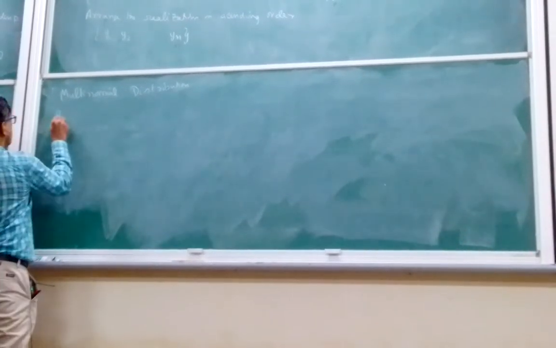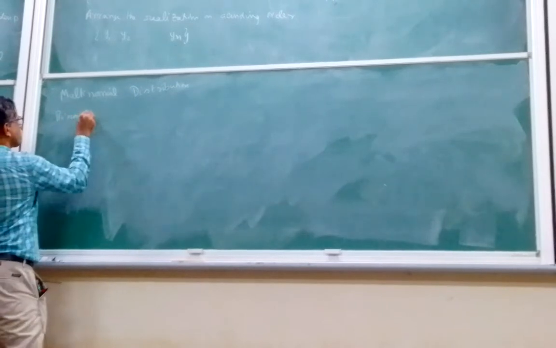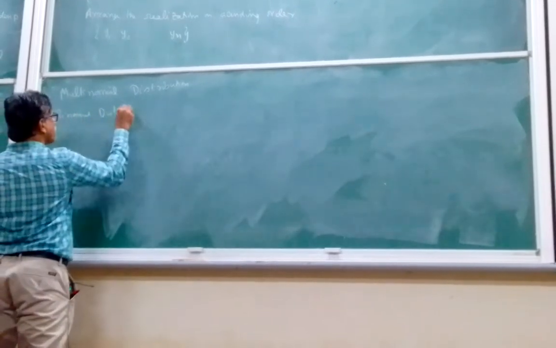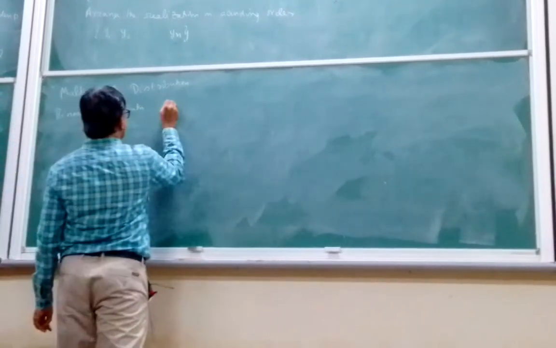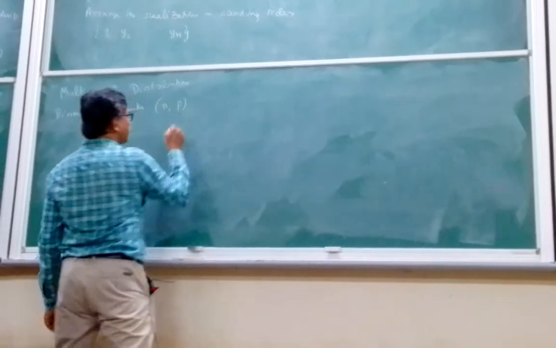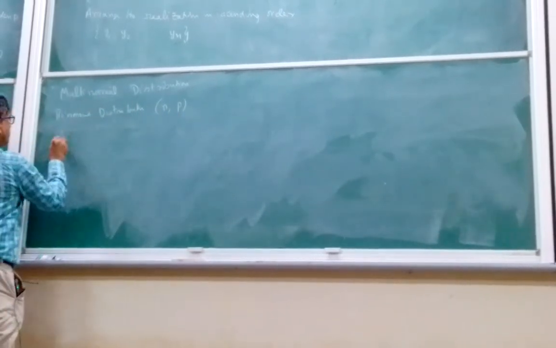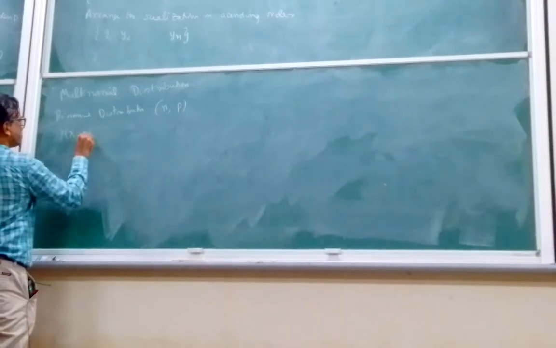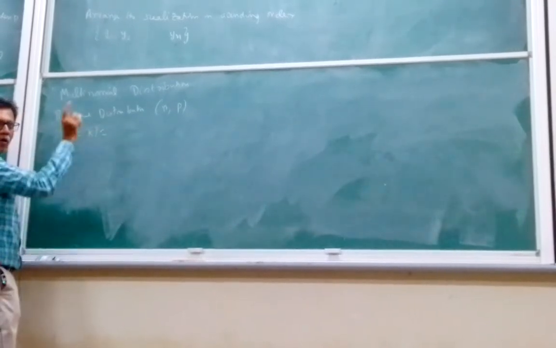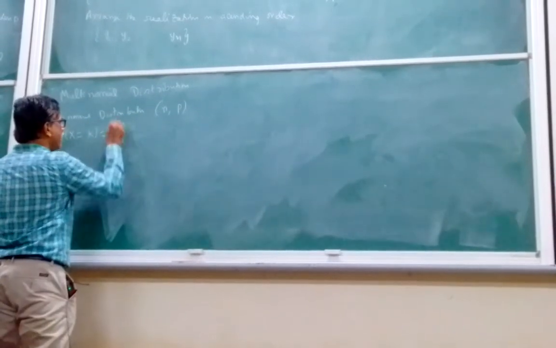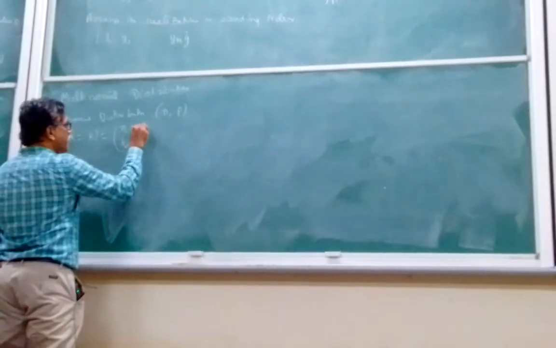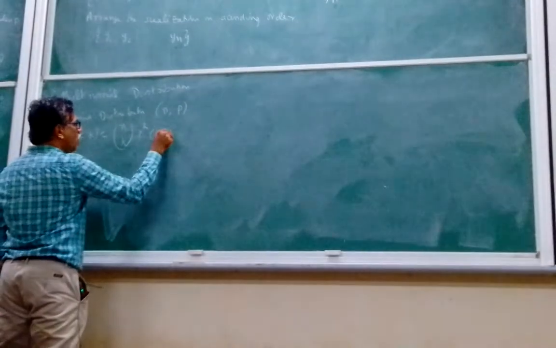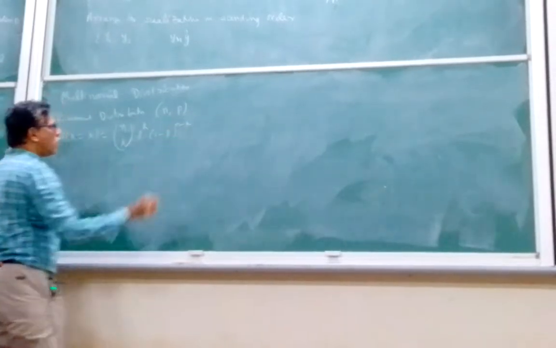So we know what the binomial distribution is. If you have n trials and the probability of success is p, then the probability that the random variable X takes a value k, that is k successes out of n trials, is n choose k, p power k, 1 minus p power n minus k.